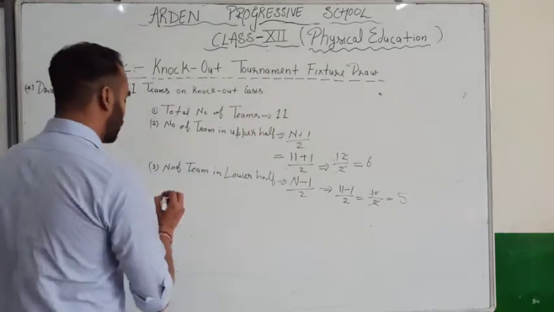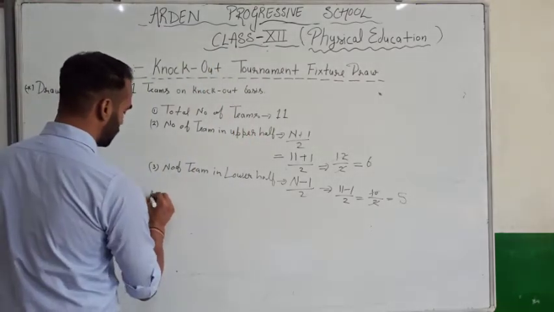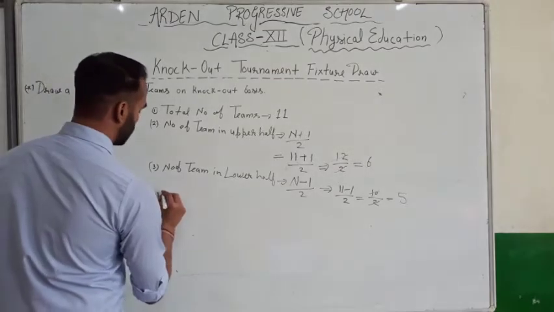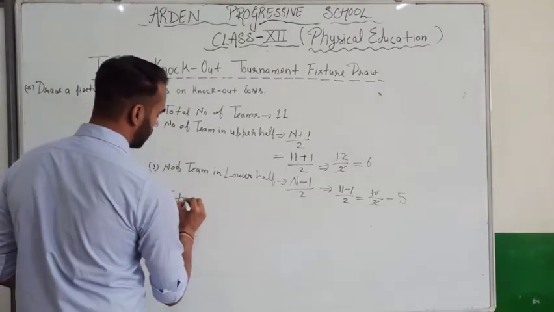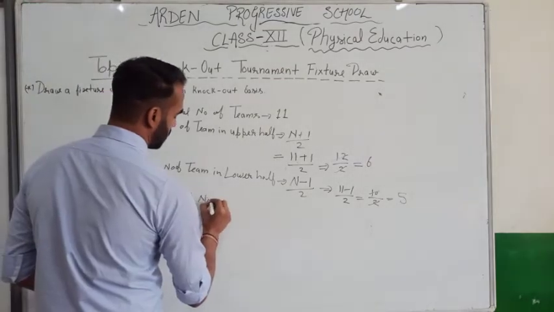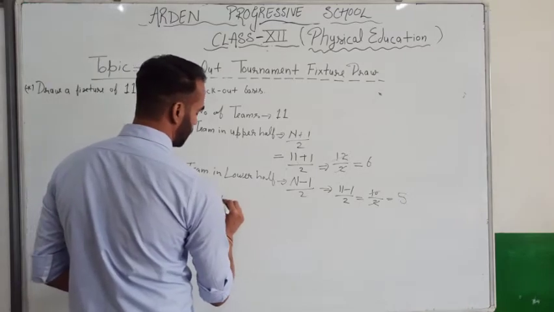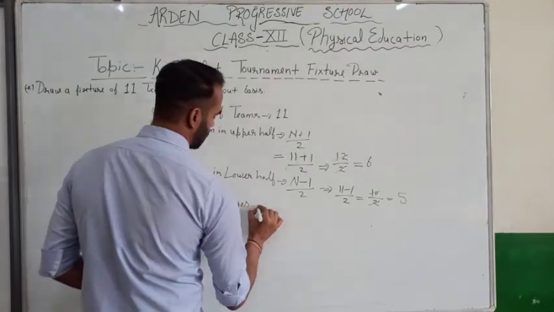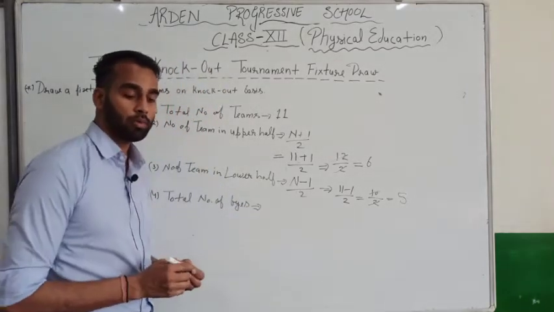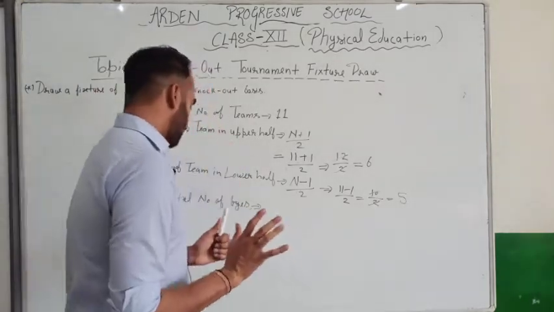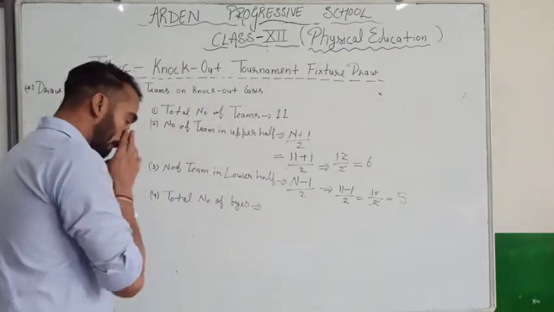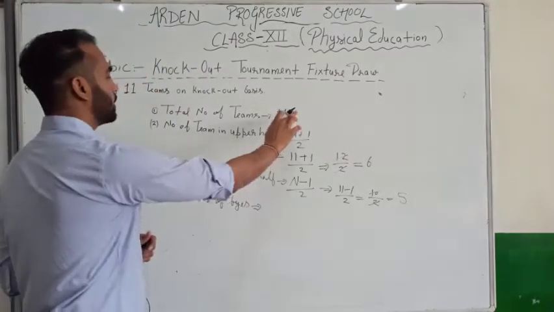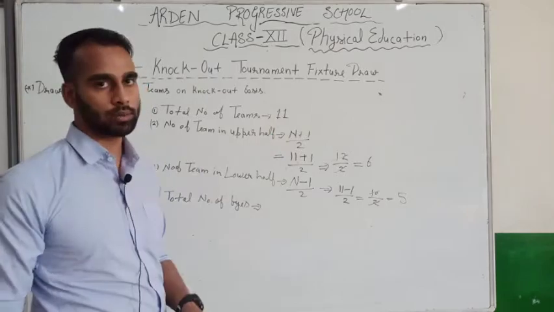Okay class, so the next point is the total number of byes. Okay, so we can find the total number of byes like this. First we know how many teams are participating.